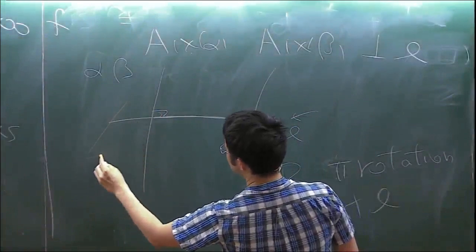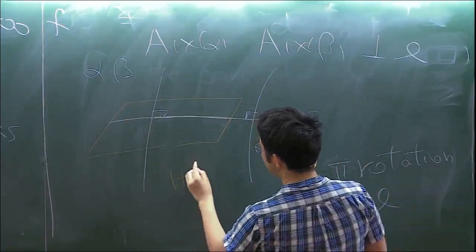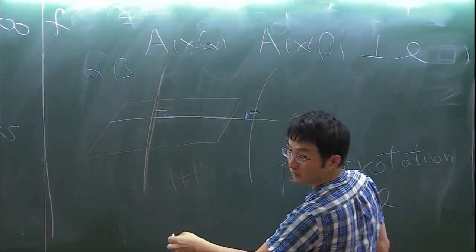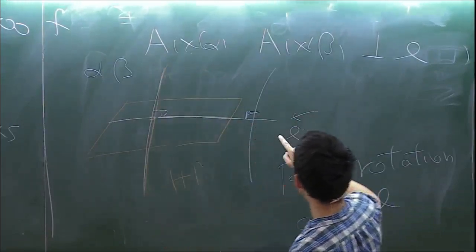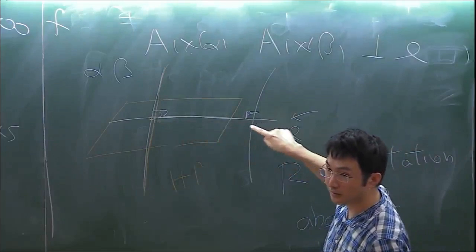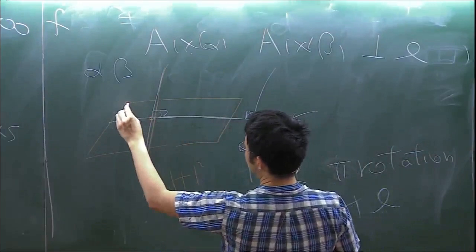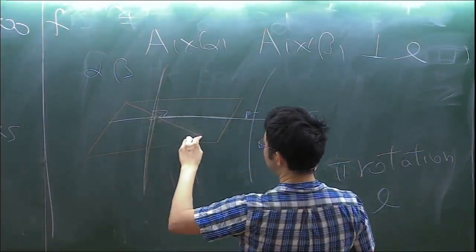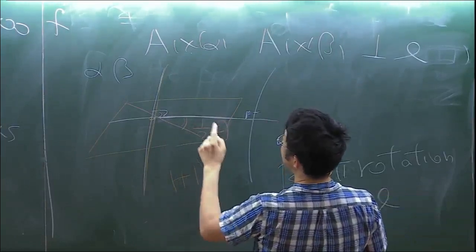So we can take the hyperbolic plane orthogonal to this axis through the intersection point of the axis of alpha and this geodesic orthogonal to both axes. Okay. Then take another line in this orange plane, so that this angle is half of the rotation angle of alpha.